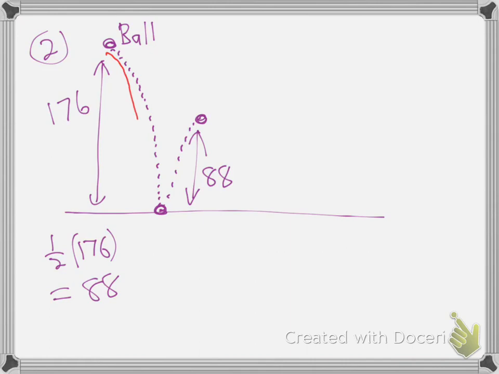So right here the ball traveled down 176 feet, and then it went up, how much? 88 feet. So could I keep track of how far the ball has traveled so far? 176 plus 88. Somebody have their calculator? What's the running total to here?